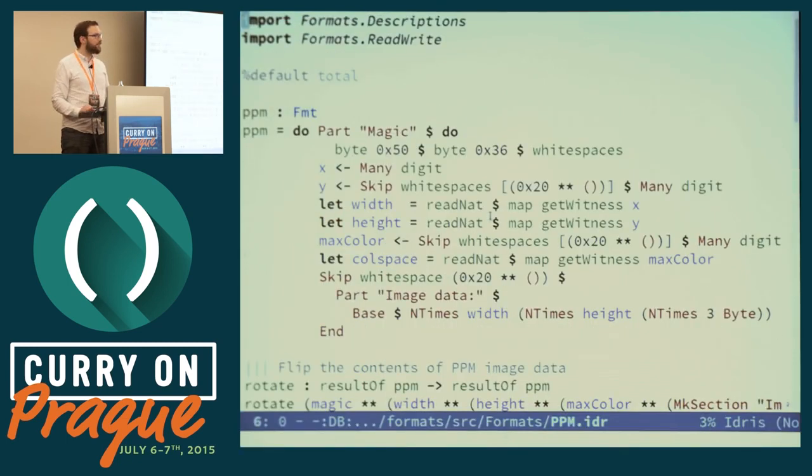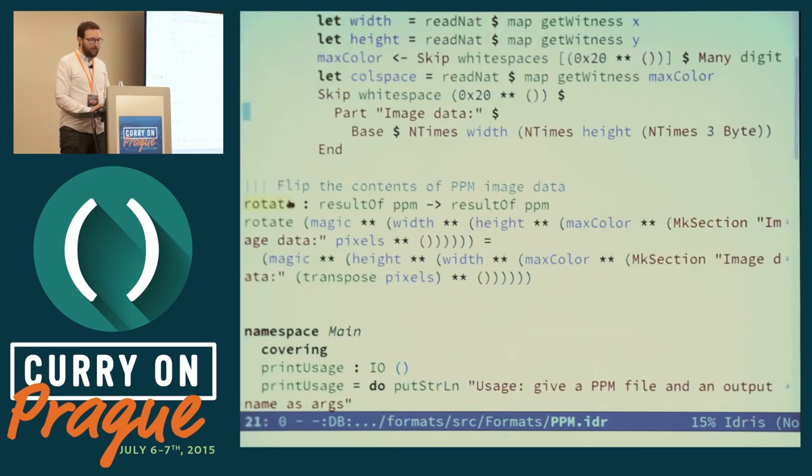So here's that definition of ppm from the slide. We've got the magic number, we've got our x and our y, we've got the width and the height computed from them, and so forth. Given that, result of is the interpretation function for this universe, which you'll see the definition of in a bit.